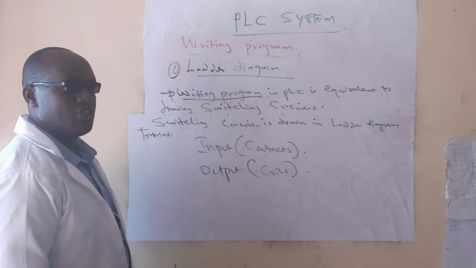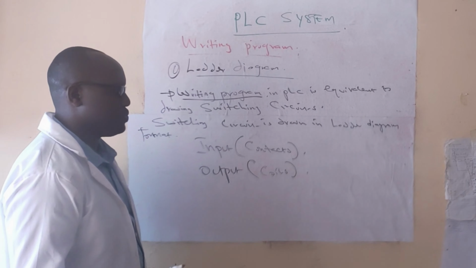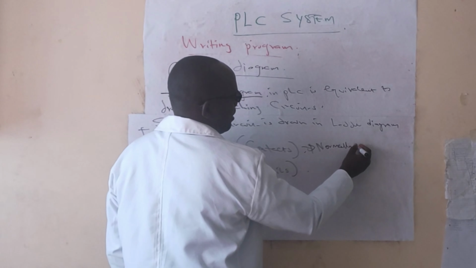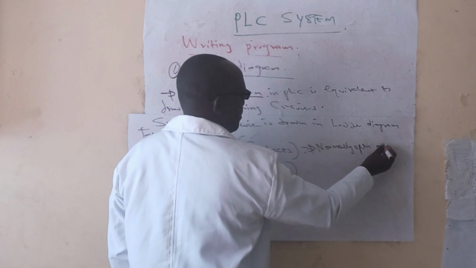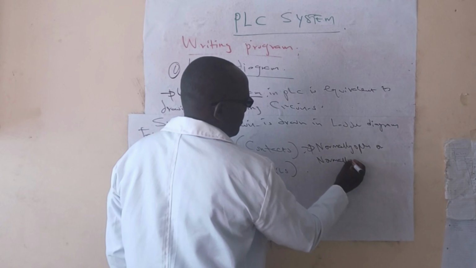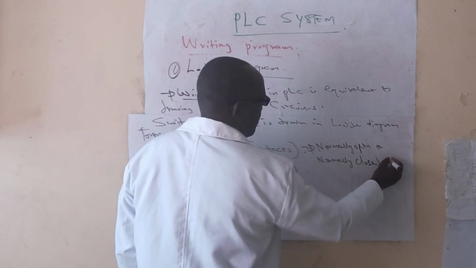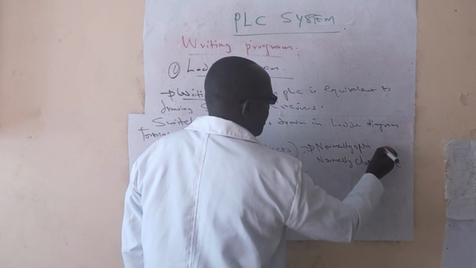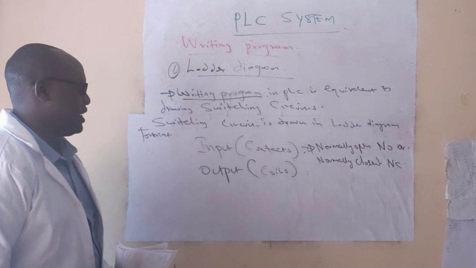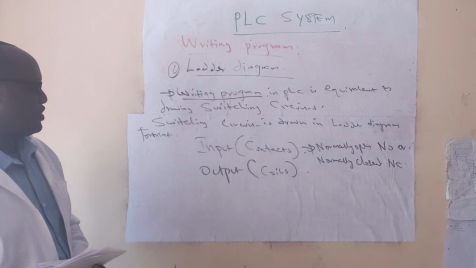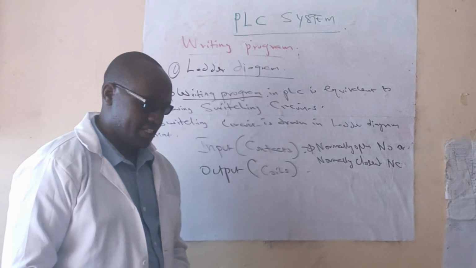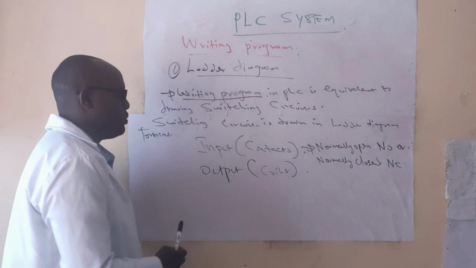When we talk about the contacts, we have two kinds. It can either be normally open or normally closed. So NC, or this one is NO. The output could be the coil.